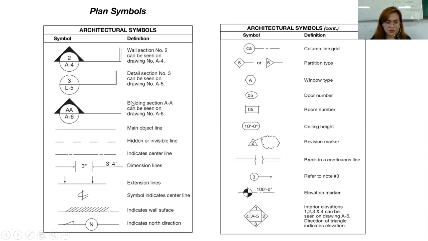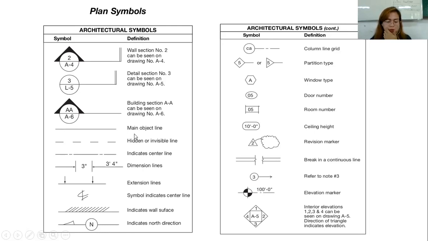So building section AA can be seen on drawing number A6. This is not really a standard indication. You can put it in accordance with the numbering of your details on the other succeeding pages.